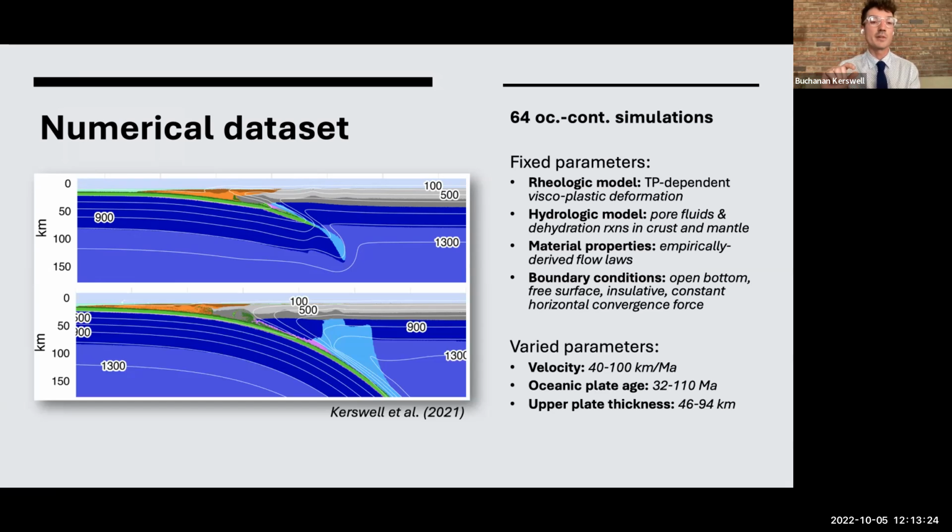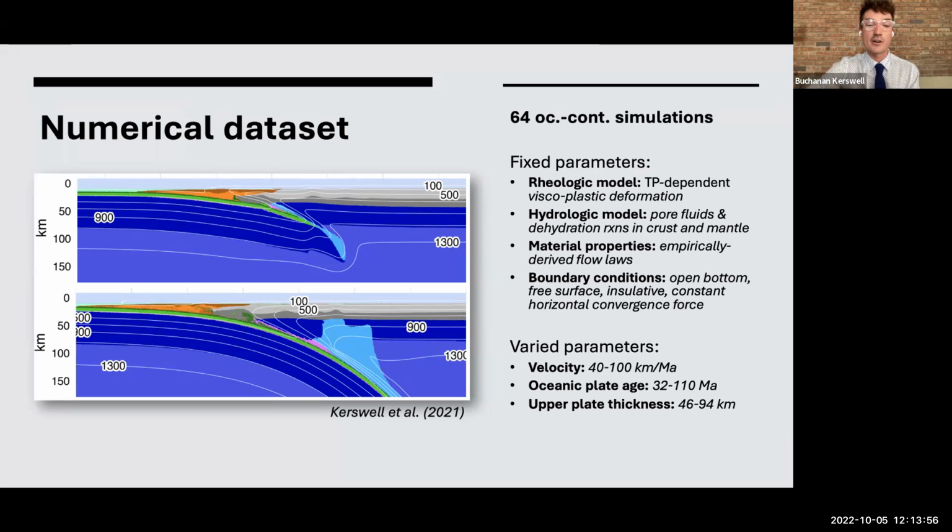We also implement the antigorite dehydration and hydration reaction in the mantle. The material properties are all empirically derived and constant for all the simulations, and the boundary conditions are also constant. There's a free surface, there's an open bottom boundary, so the slab motion itself is spontaneous, and we impose a constant horizontal convergence force near the edges of the boundaries.